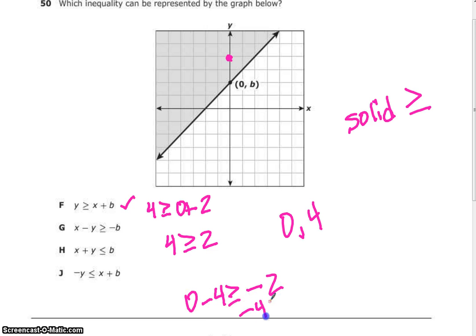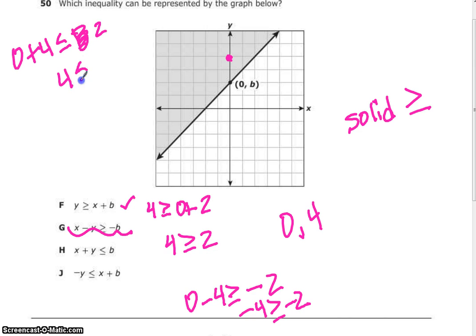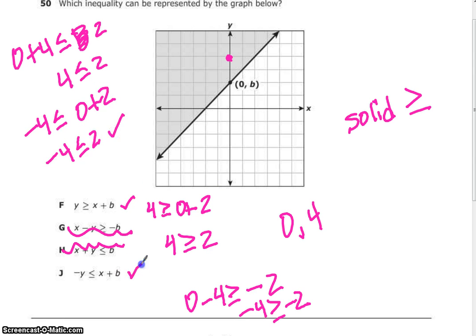So is -4 greater than or equal to -2? No, it's not that one. So then 0 plus 4 has to be less than or equal to b, which we said b was 2. 4 is not less than or equal to 2. It's not that one. Negative y, so that would be -4 is less than or equal to 0 plus 2. -4 is less than or equal to 2, so that one works. So it's one of those.